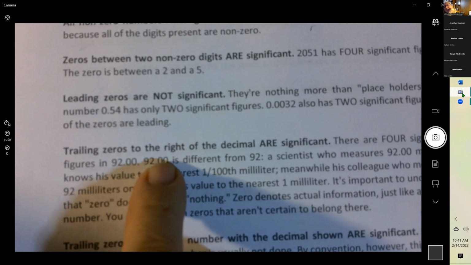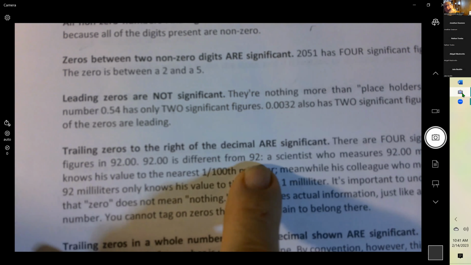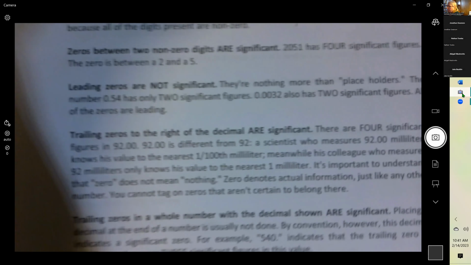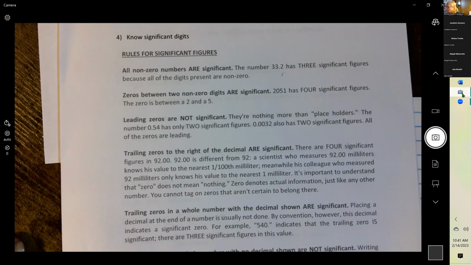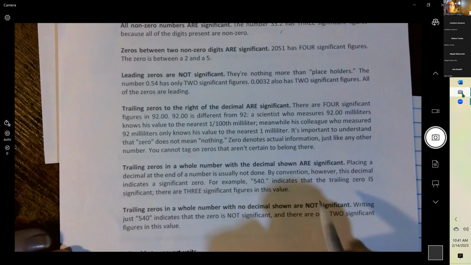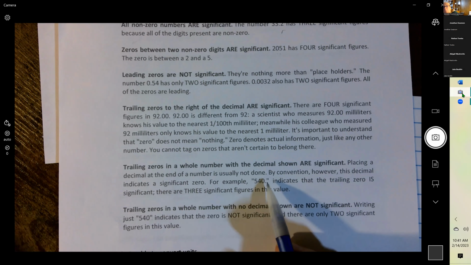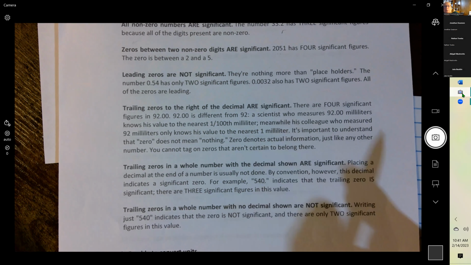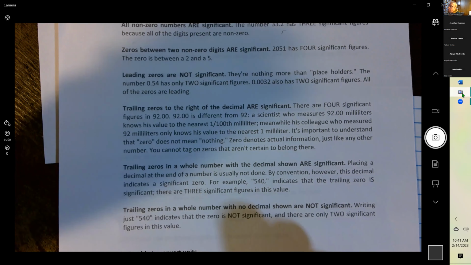This is 4 significant digits. This is only 2. Okay, thank you. The other one is if there is no decimal, putting a decimal at the end makes that 0 significant. Okay. Any other questions on it?